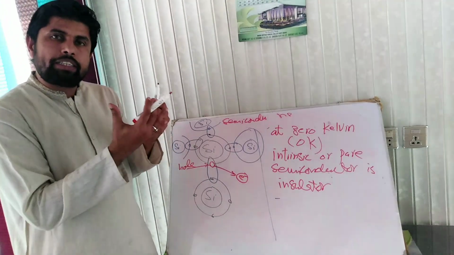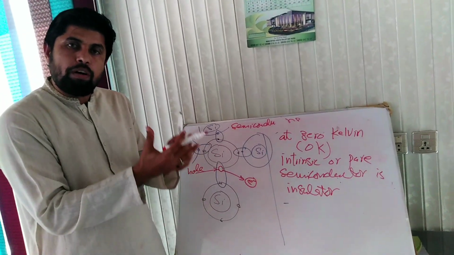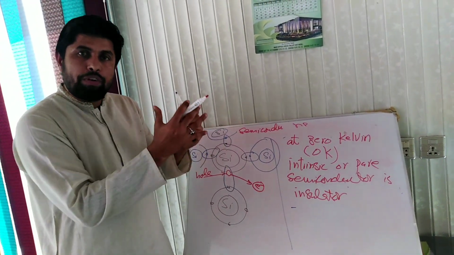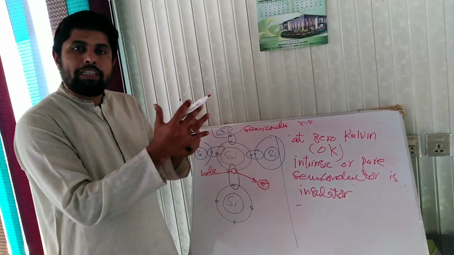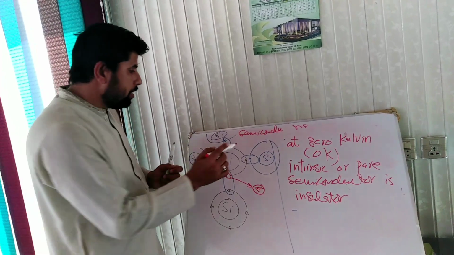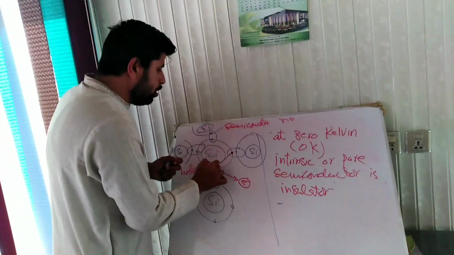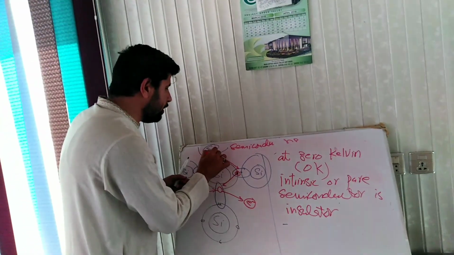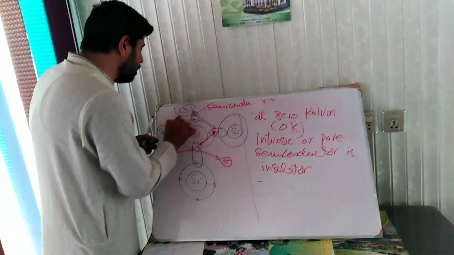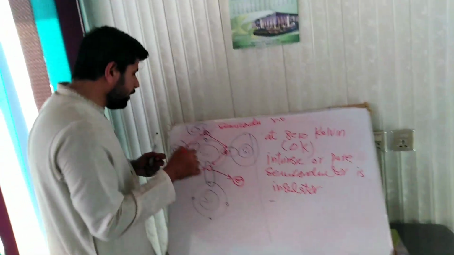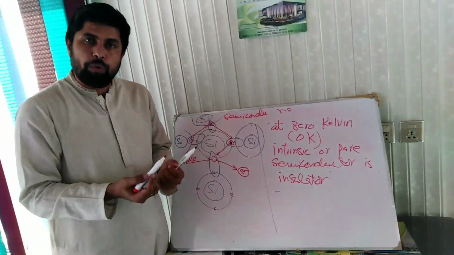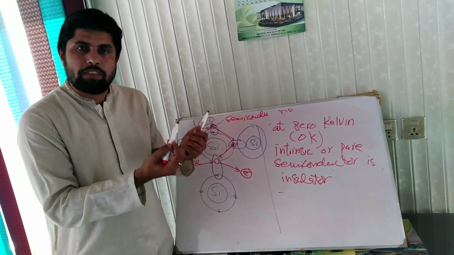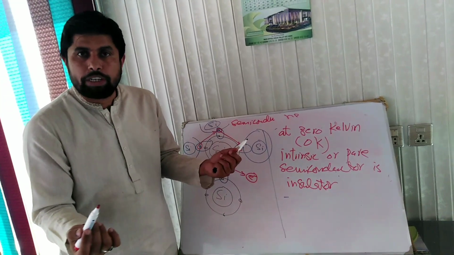At room temperature, electrons gain thermal energy, break covalent bonds, and then we have pairs of free electrons and free holes. An electron leaves to fill this hole, creating a hole there, and this electron can go like this, creating a hole there. It means electrons and holes are moving in the intrinsic semiconductor with the same concentration.